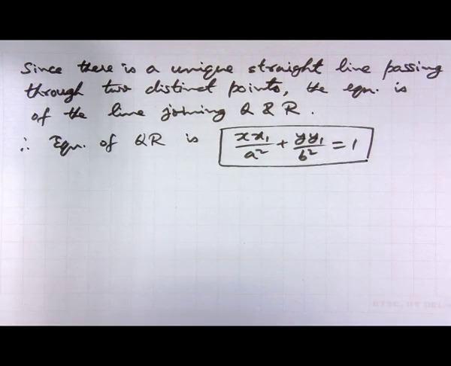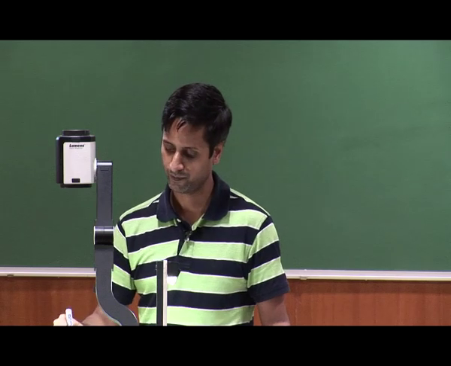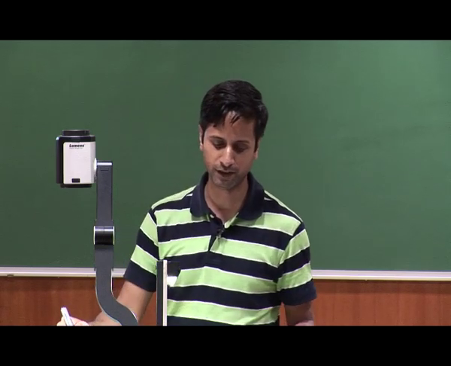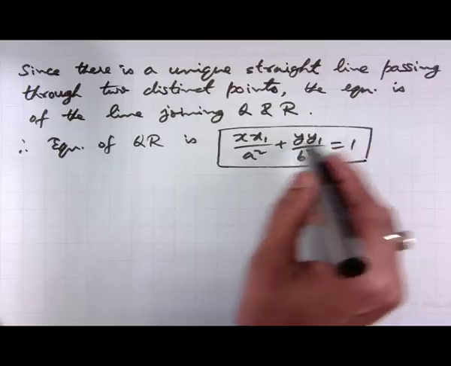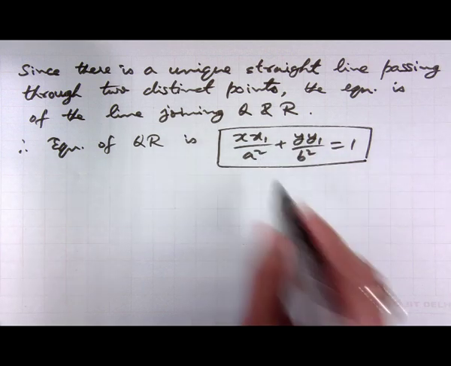So, note that this equation looks very similar to the equation of the tangent line at point x 1 y 1, but in this case the point x 1 y 1 lies outside the ellipse.